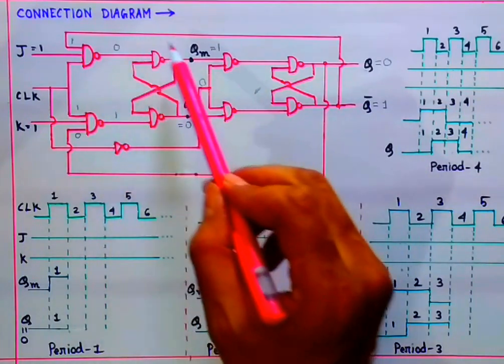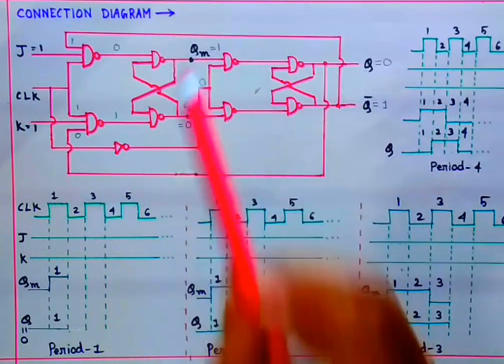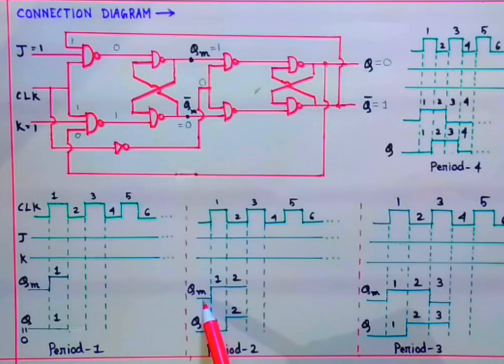Now the output of the master flip-flop is QM. That means QM holds its previous data. Now we are at period 2, so QM holds its previous data, which is 1. That means during period 2 also the QM will be 1, that means high.